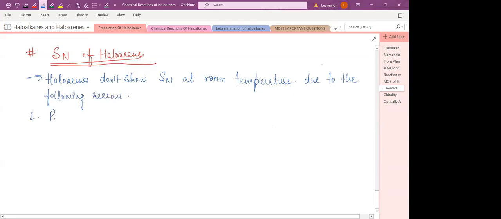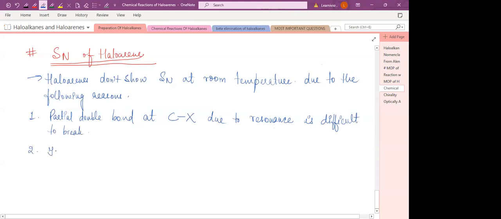First reason, due to the partial double bond at CX, between the carbon of the benzene ring and the halogen, which arises due to the resonance. The partial double bond at CX is difficult to break.